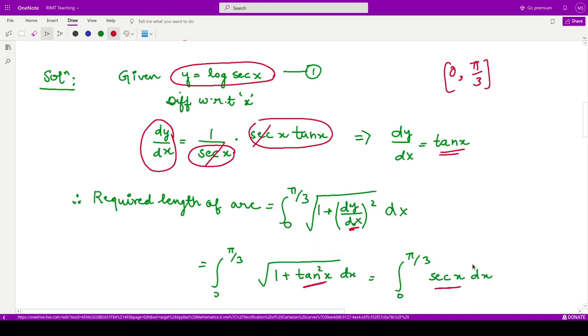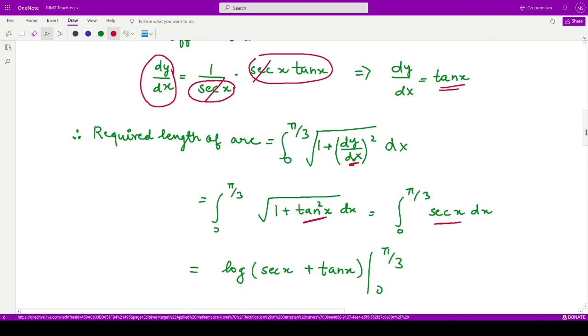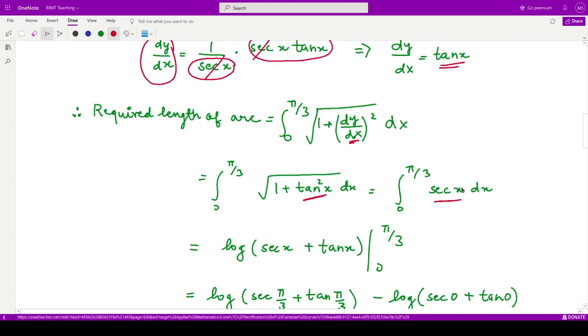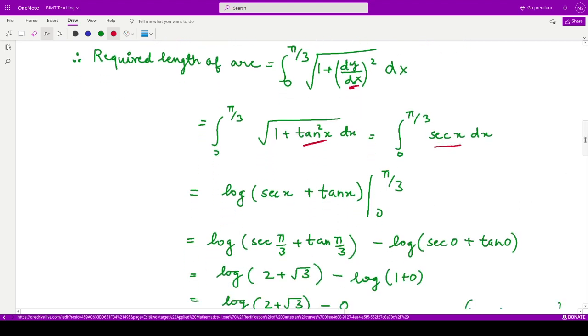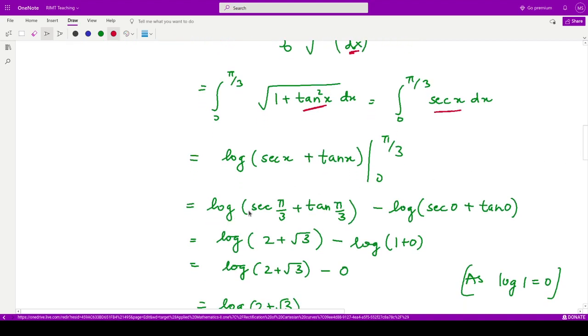So you'll have secant x dx. Then you have to take the integration of secant x. What is the integration of secant x? It is log of secant x plus tan x. Then you'll substitute the limits from 0 to pi by 3. Firstly we'll substitute the upper limit in place of x. So it would be log of secant pi by 3 plus tan pi by 3, and then minus the lower limit, so minus log of secant 0 plus tan 0.